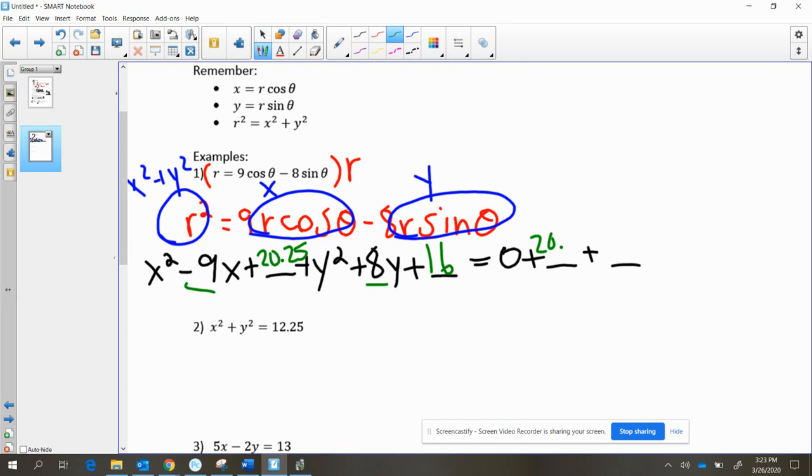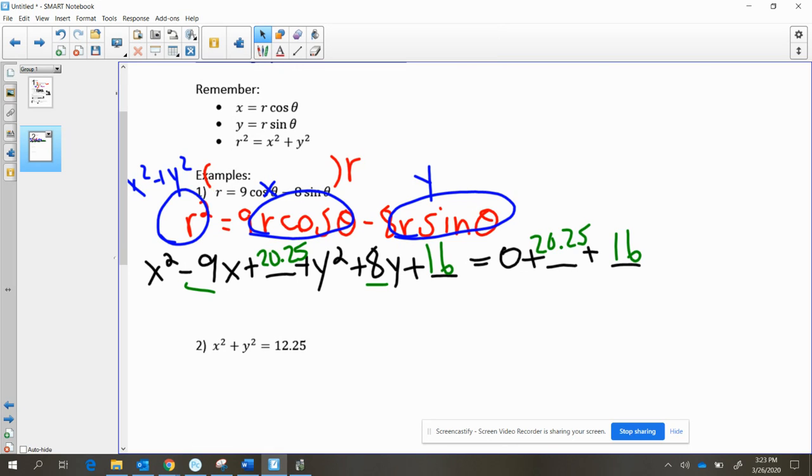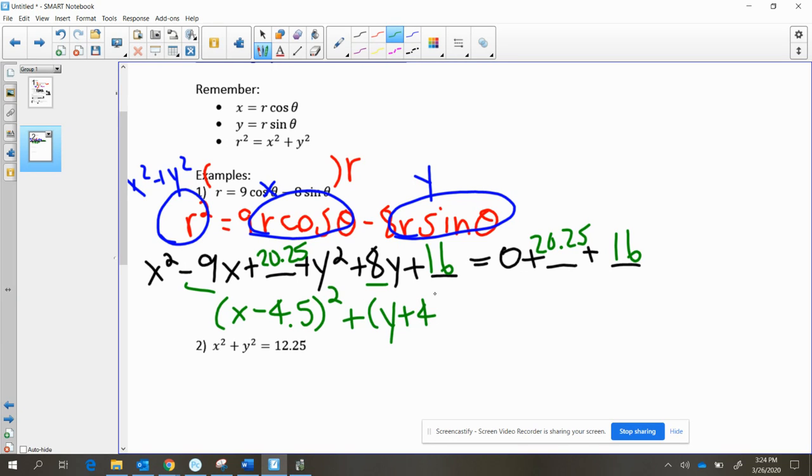And what we add to the left, we are also going to add to the right. Now factor the left-hand side. Reminder, shortcut is whatever you got when you divided by 2 is going to be your value inside parentheses. (x - 4.5) plus (y + 4) quantity squared. And when you add these together, we get 36.25.